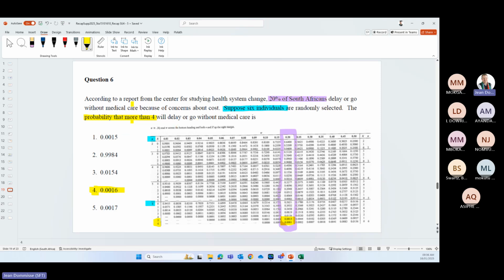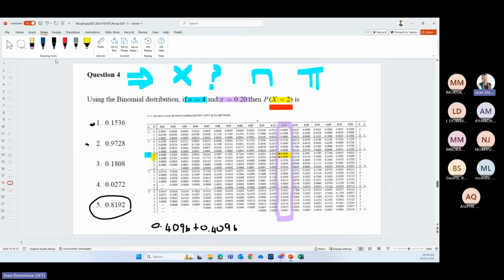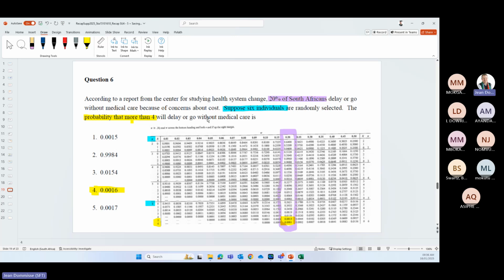Also here, in this question they don't tell us we're working with binomial. Let me quickly check. Here they said binomial, so we knew. The way to look at it is that binomial always has two options. So it's always yes or no, heads or tails. And here they said 20% of South Africans delay or go without.